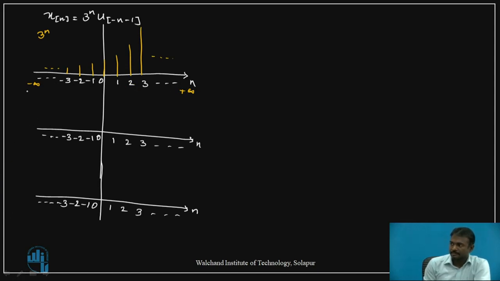In the second graph, let us plot the modified version of unit step signal u of minus n minus 1. So we already know the definition of u of minus n minus 1, which is equal to 0 for n greater than or equal to 0 and it is equal to 1 for n less than 0 here.